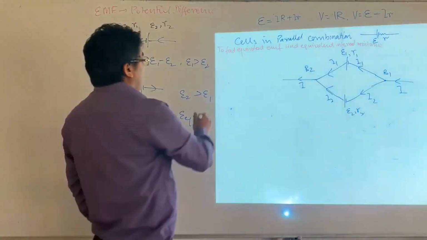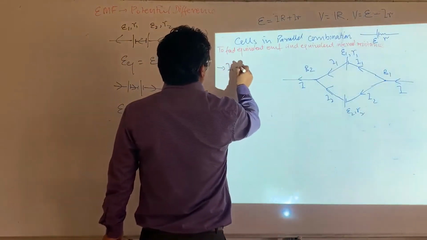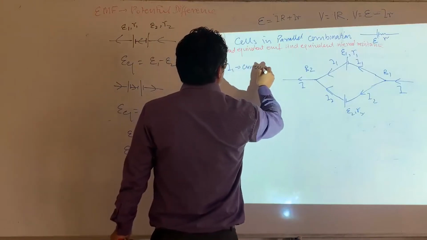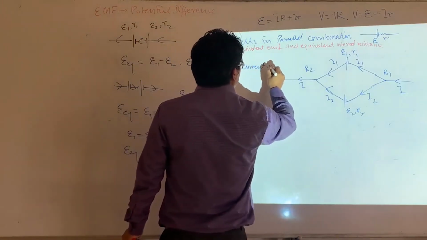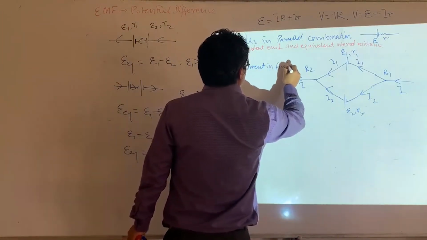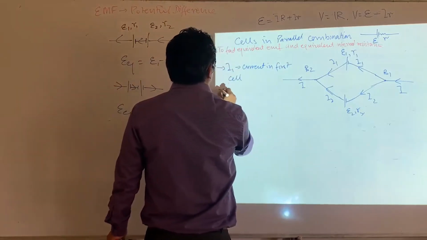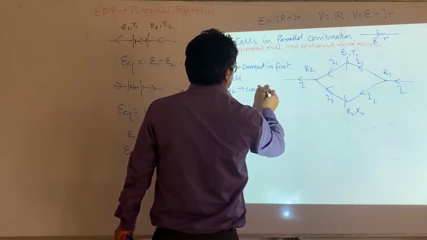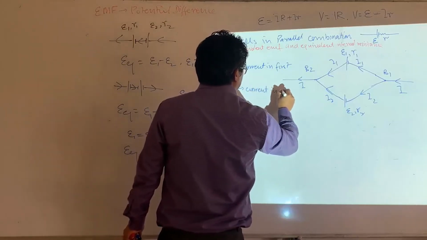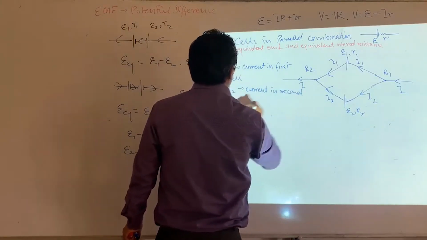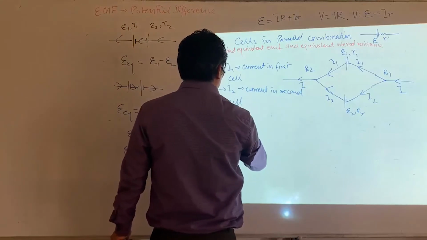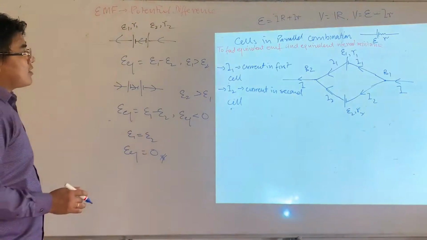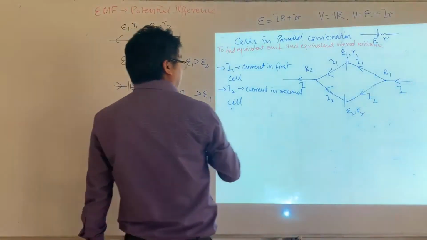Now, look at here. I1 is the current in the first cell, and I2 is the current in the second cell.